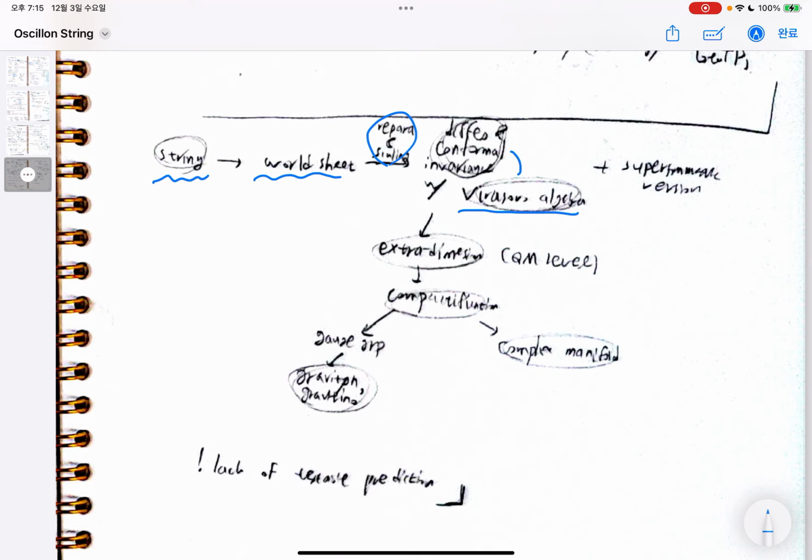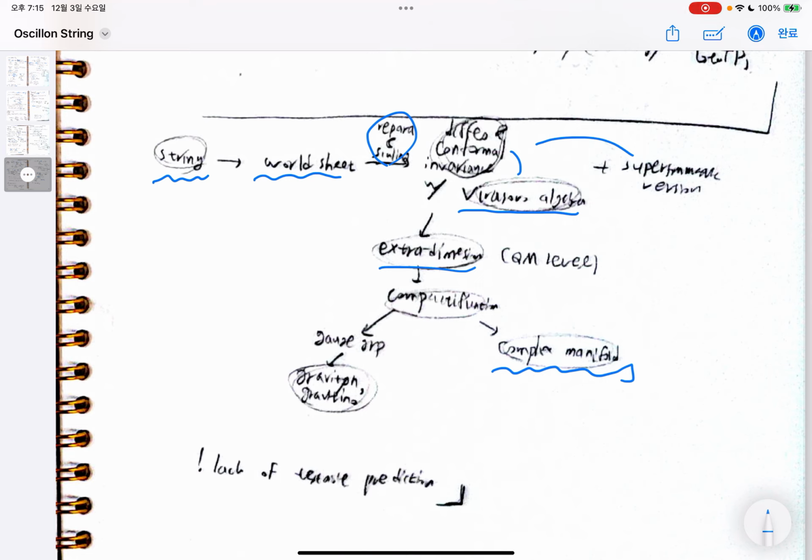This gives the extra dimensions automatically by considering the central charge evaluated at the quantum level, or the mass spectrum corresponding to the generators. And because our world is four-dimensional, the remaining dimensional space should be compactified, and this gives some specific complex manifold, the point being the geometry, and the compactified space corresponds to the gauge group, and the graviton and gravitinos automatically arise. And if we consider the supersymmetric version, including the parameters of operators, the number of extra dimensions can be reduced.